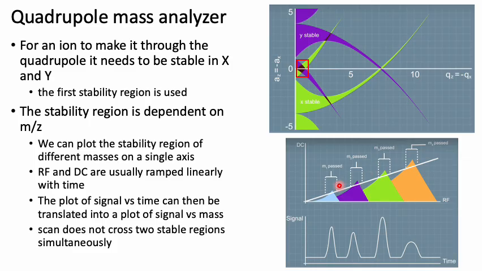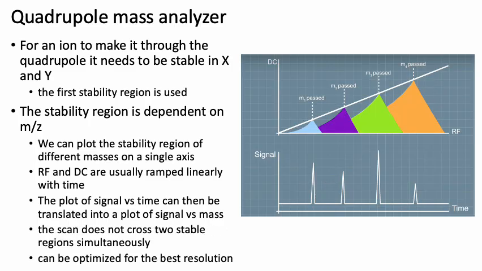And you can tune this in a way that rather than intersecting somewhere like here, you would intersect the very peak. So you intersect at a narrow ratio of DC to RF at which only a certain isotope is going to pass through. And this is what you do for tuning. So you want a scan that does not somehow cross two stable regions simultaneously.